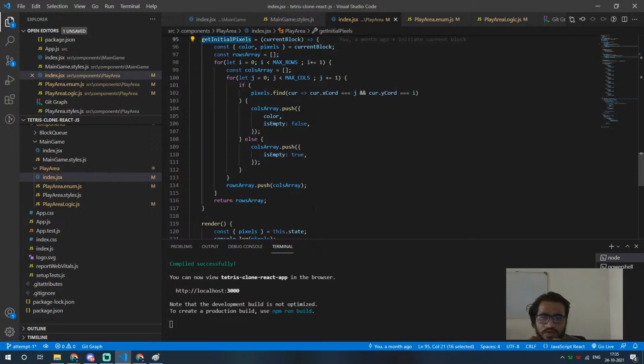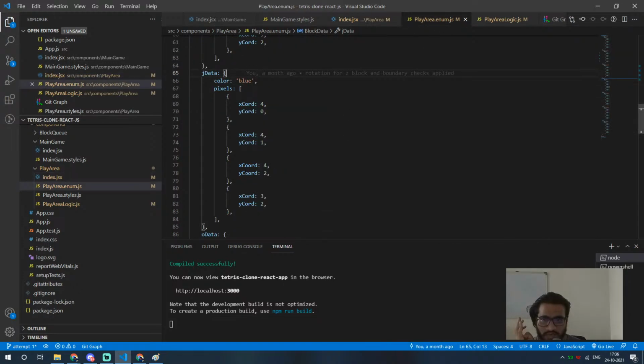So we know how these pixels work, right? Rows, an empty array of rows, an empty array of columns, pixel will find where I is equal to, maybe the X coord, Y coord, right? The spelling of these key value pairs was wrong.